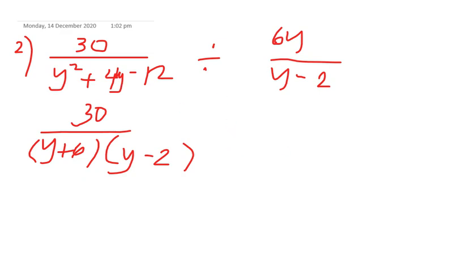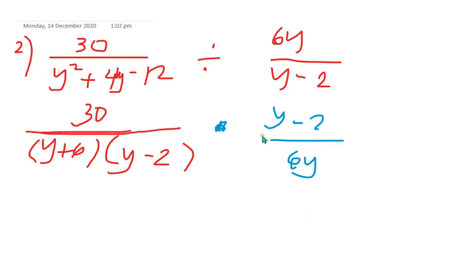Then we change the operation to multiplication and get the reciprocal of the divisor. So we have now y minus 2 over 6y. And then we simplify. If there is a common factor between the numerator and denominator, you divide. So y minus 2 divided by y minus 2 is 1. And 30 divided by 6y: 30 divided by 6 is 5.